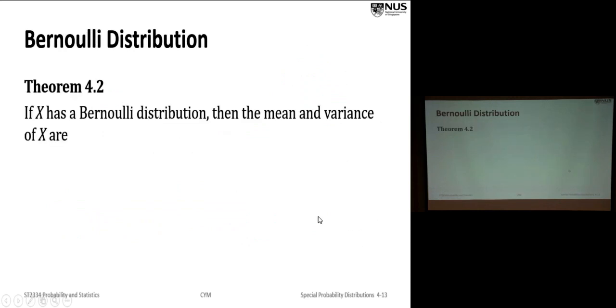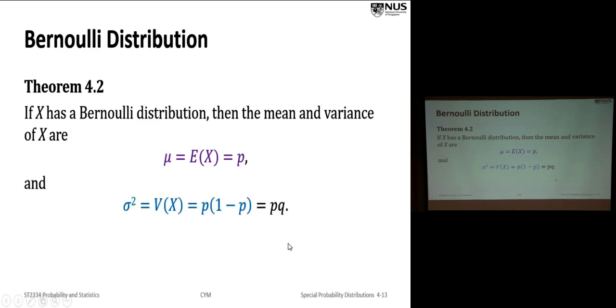Okay, so a Bernoulli distribution has a mean equal to p and a variance equal to p times 1 minus p. Now this again is the simplest distribution. Hence, finding the expectation of x and the variance of x is quite straightforward. So recall the expectation of x is the summation of x times the probability function.